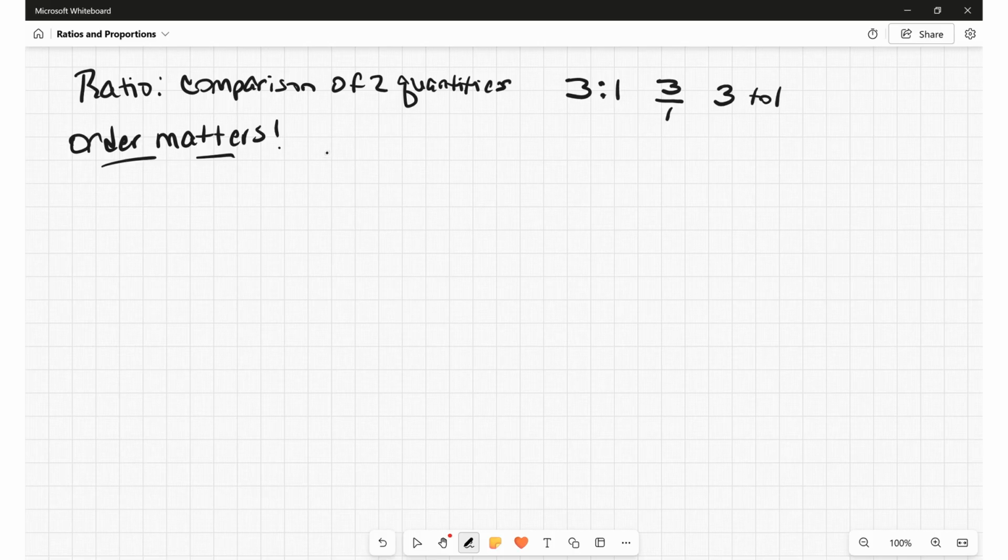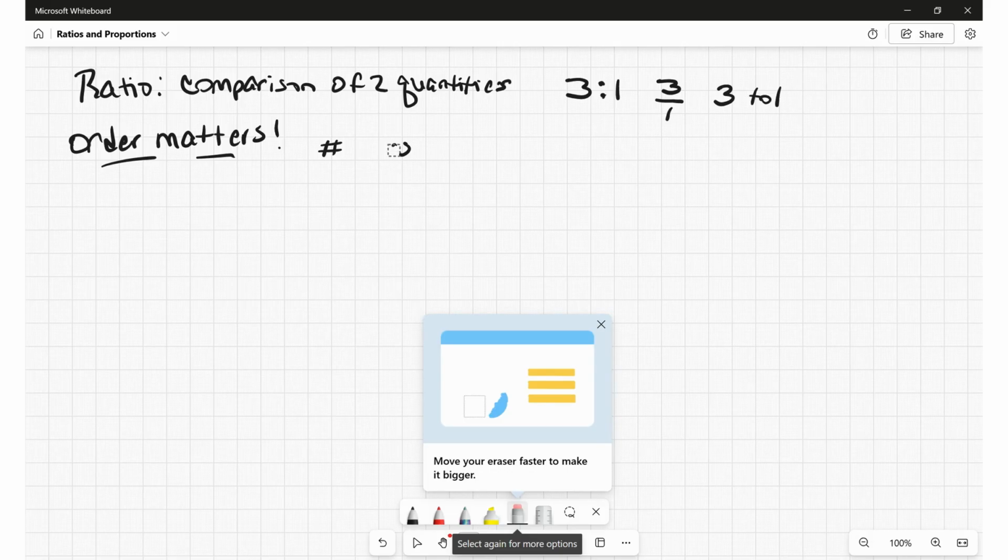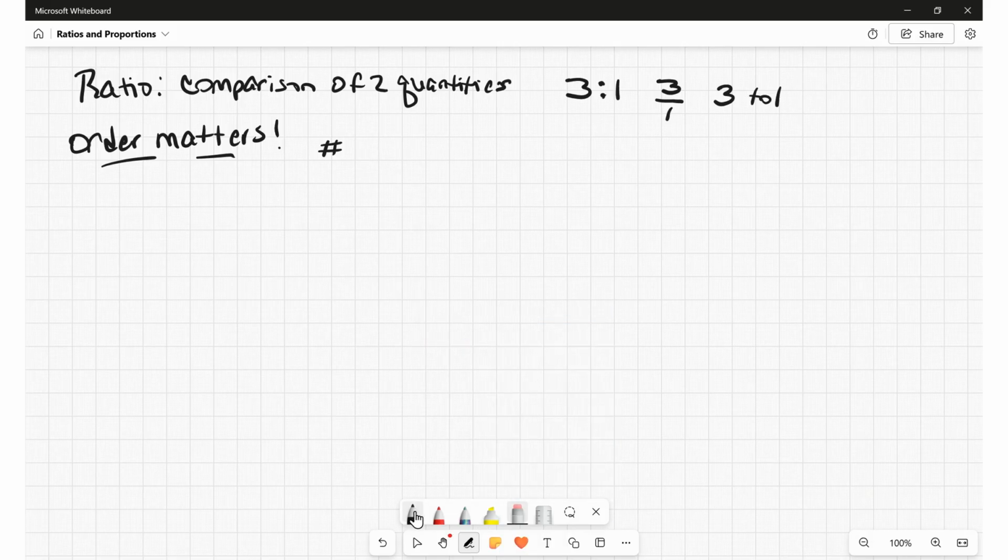Okay? So, let's say that the quantities that we are comparing are the number of teeth in gear one.